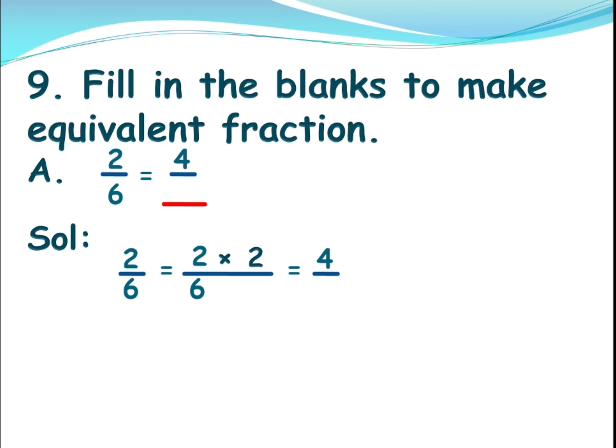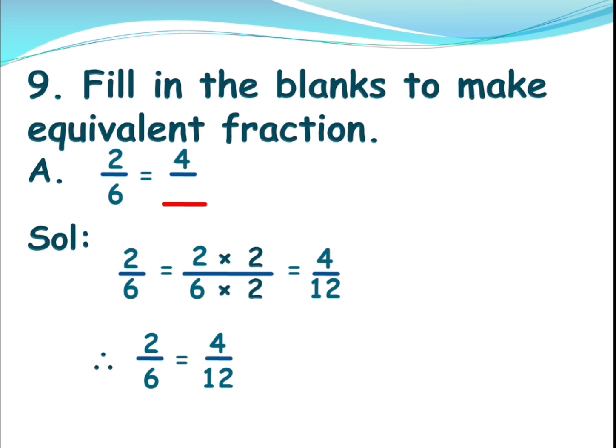So 2 into 2 you will get the answer 4. So 2 should be multiplied in the denominator to fill in the blank. So 2 into 2, now 2 2s are 4, it is already given. Now 6 2s are 12. So the denominator you got is 12. Therefore, 2 by 6 is equal to 4 by 12.